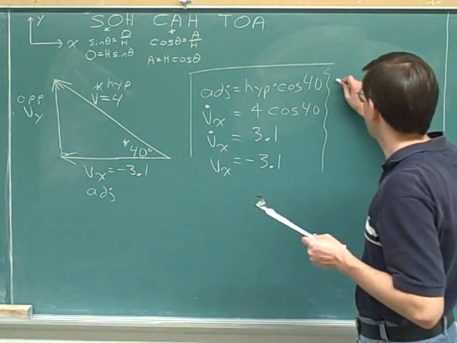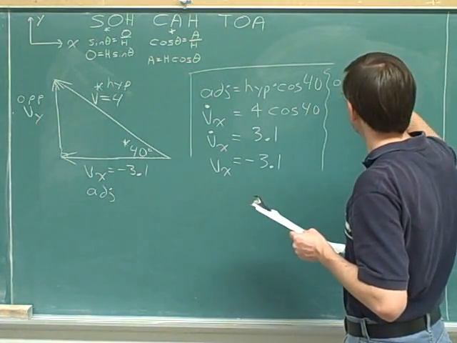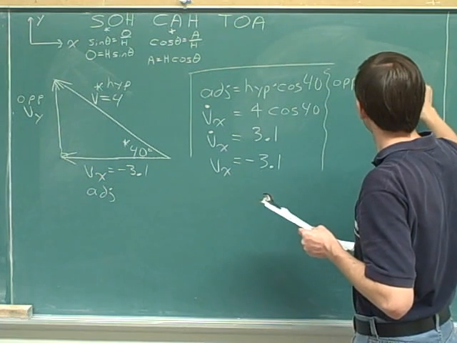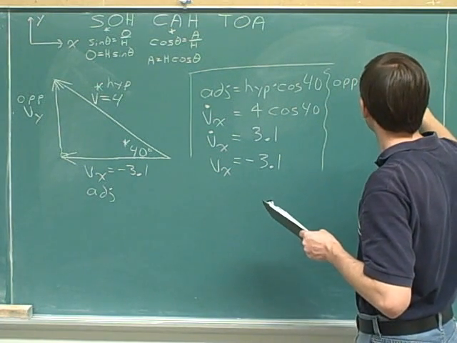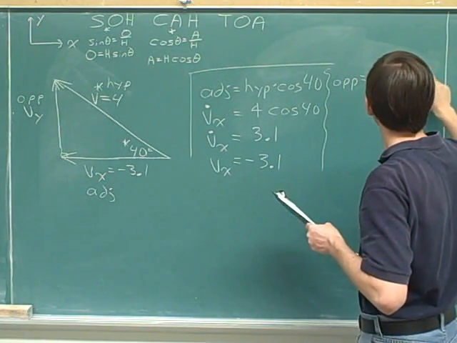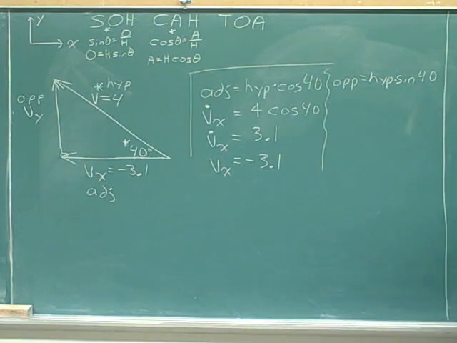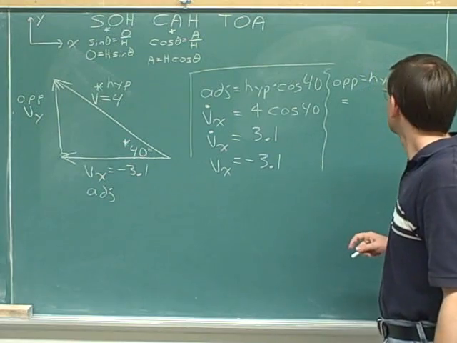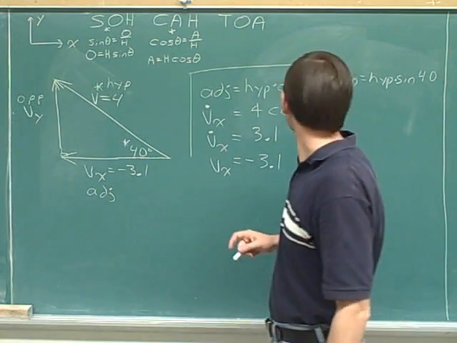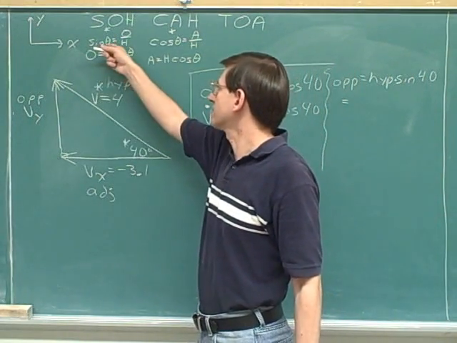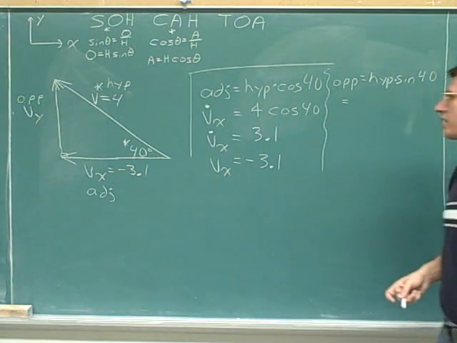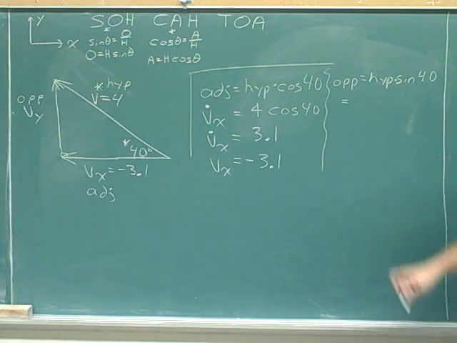Okay, and then we have to go to the opposite side, which would be the hypotenuse times the sine of the angle. Again, you could just start with the overall definition of sine, but maybe you're starting to get comfortable with this form of that.